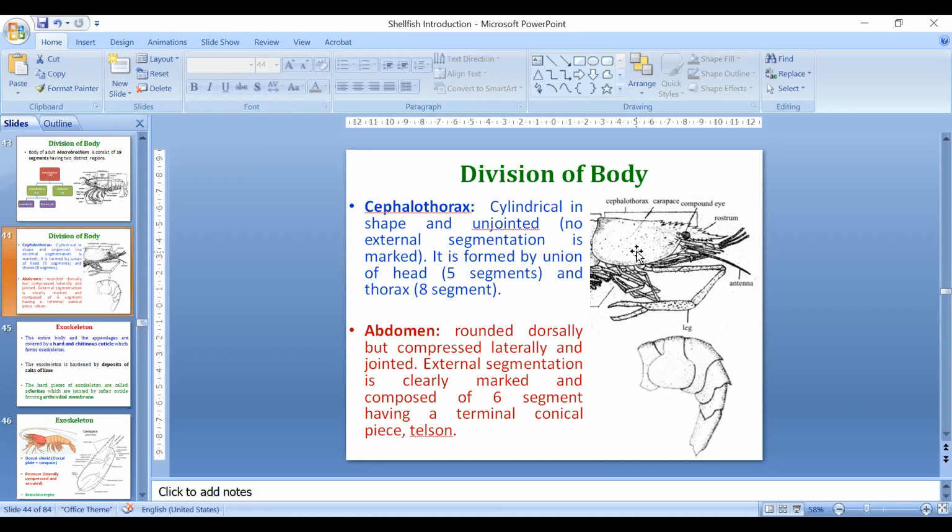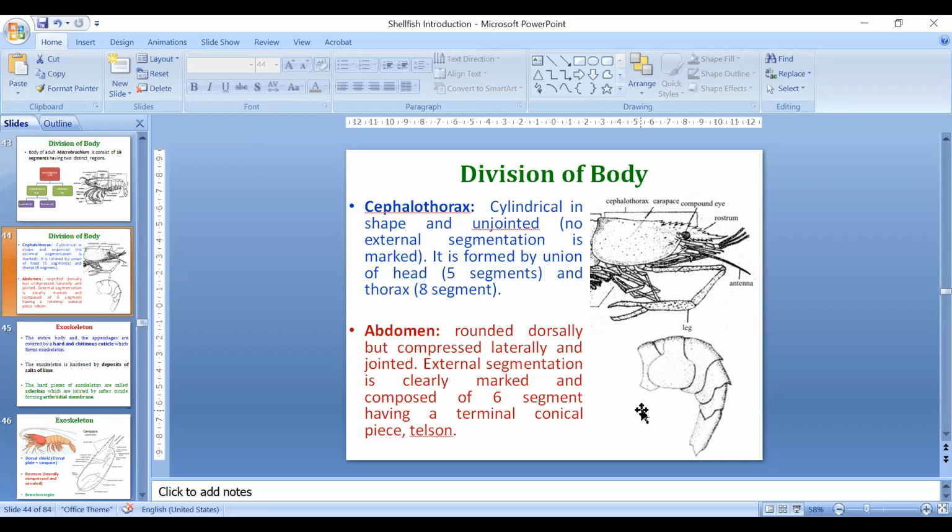cephalothoracic region has 13 segments, the 5 segments in the head region and 8 segments in the thorax region, when you look at the external surface of the animal, you won't find any segmentation mark on the cephalothoracic region. So the cephalothoracic region appears unjointed because there is no clear marking of segmentation.